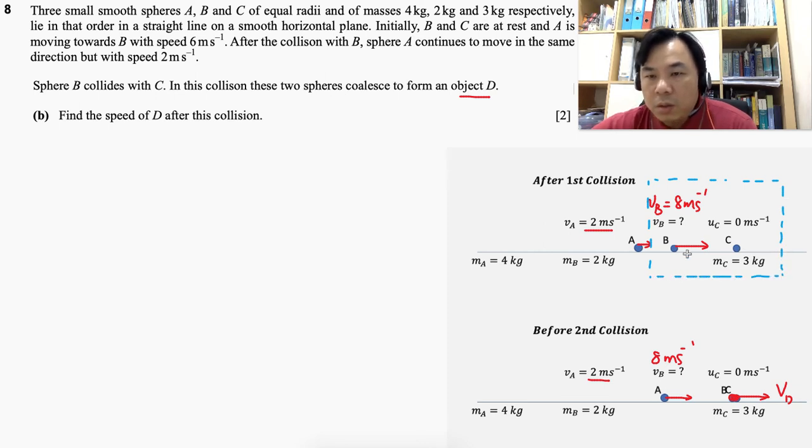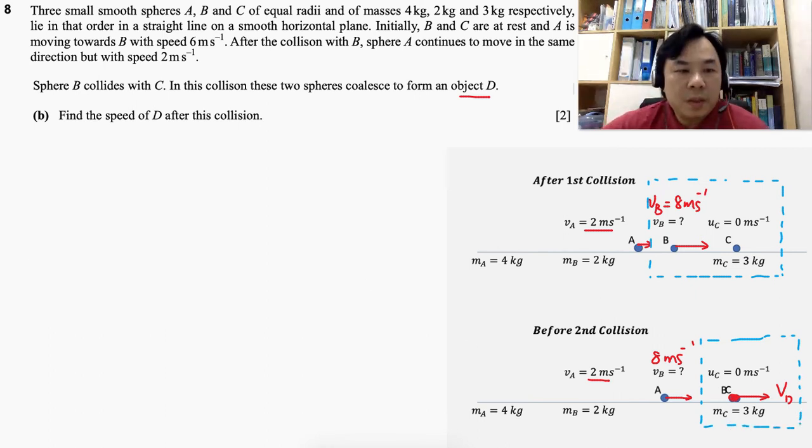Don't look at A anymore, even though A is also in the system itself. So just focus on B and C. Divide and conquer. We can't multitask too much here. This will be our system.